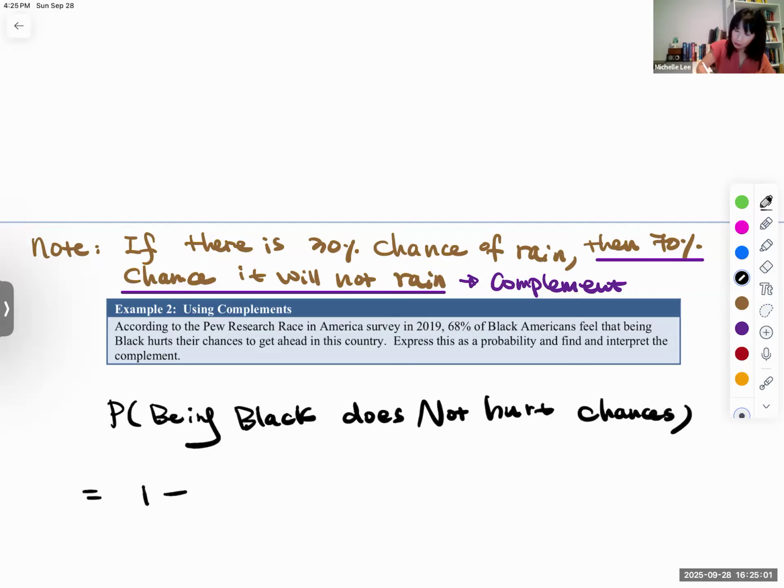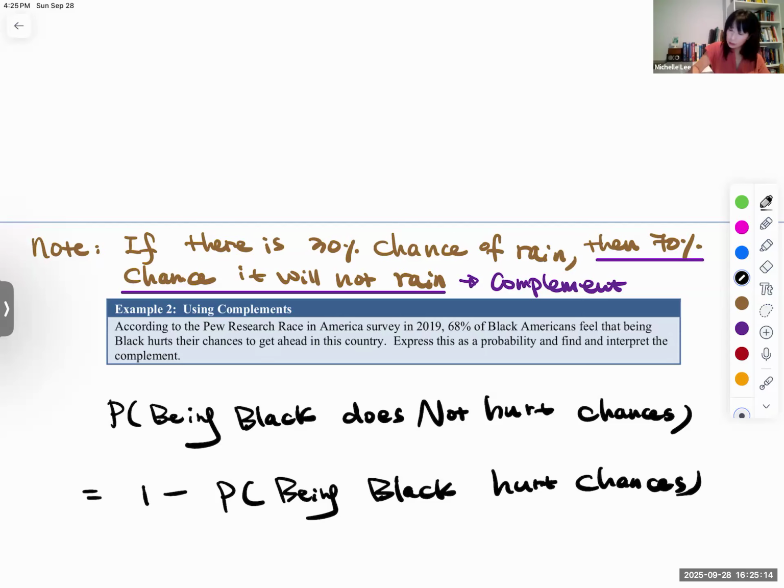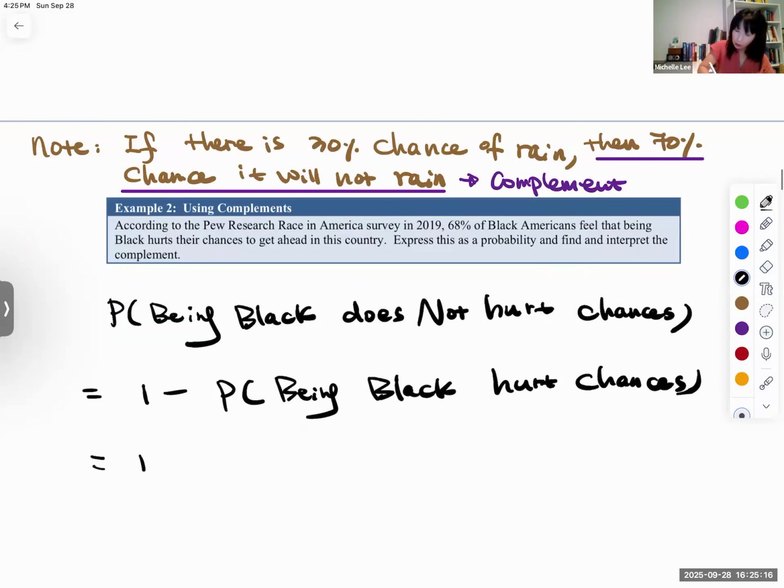There will be 1 minus the probability of being Black hurts chance, right? Yeah. Okay, so there will be 1 minus.